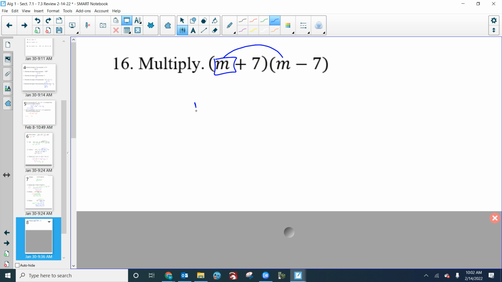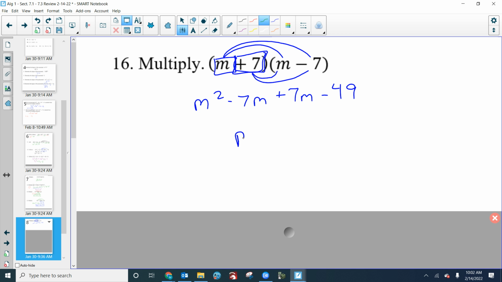What's m times m? M squared. M squared minus 7m. We're done with that term. Plus 7m minus 49. What happens to the middle terms?